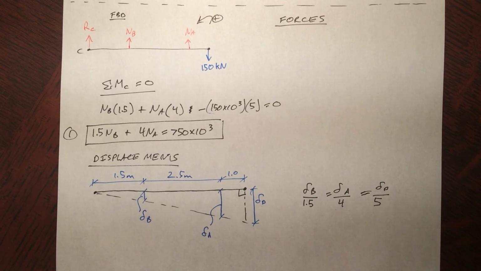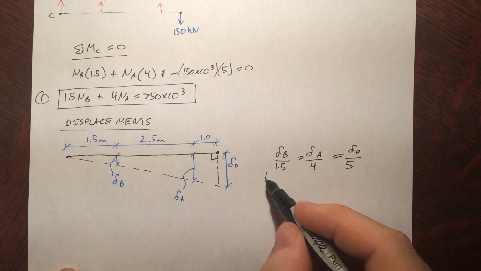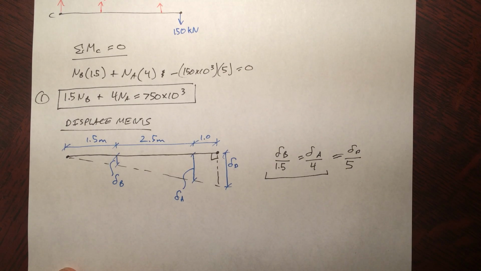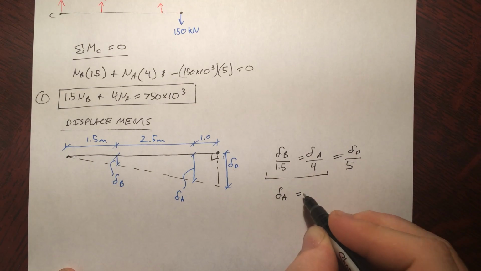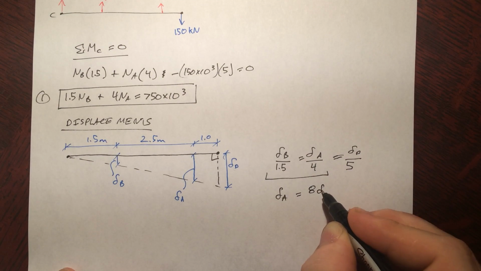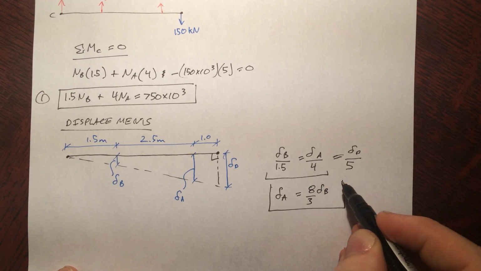Now in this equation, we're only worried with A and B. So in order to find NA and NB, we need only worry about this piece of the equation. Let's rewrite that: delta A equals 8 delta B by 3. This is our second equation.